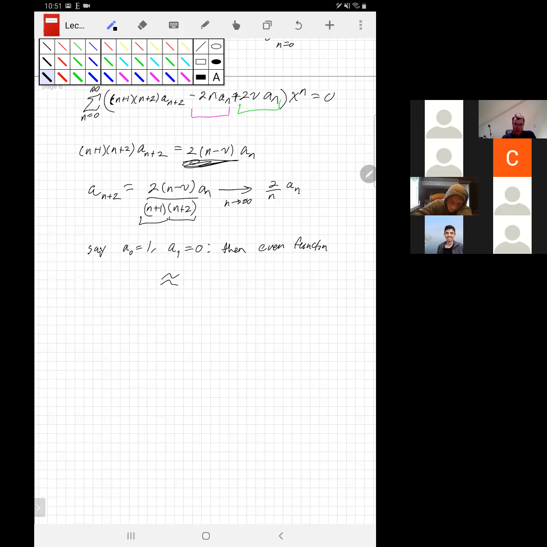But we're going to get roughly 1 plus 2t squared over 1 plus, every time we go through, we're going to multiply by 2 up top. So we're going to get 4t to the 4th over 2 plus 8t to the 6th over 2 times 3, because here n equals 2.